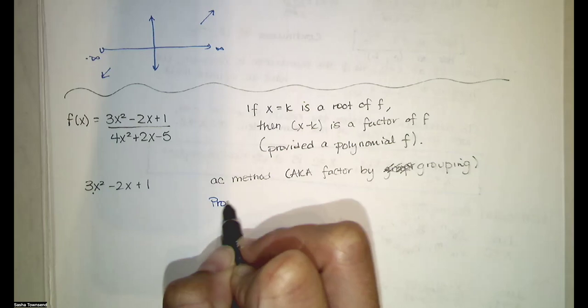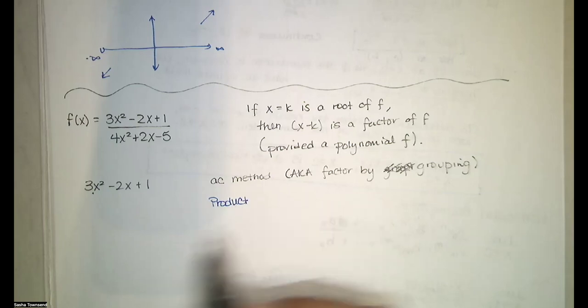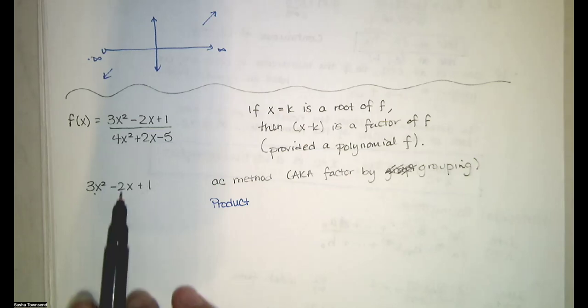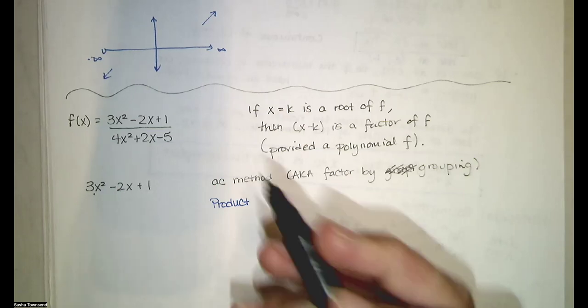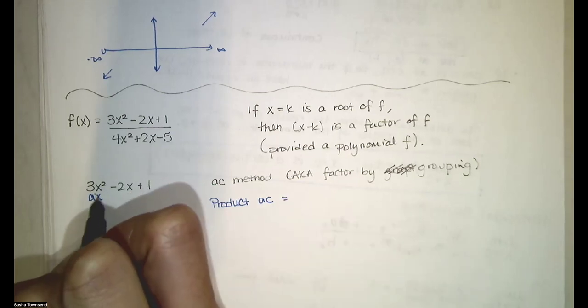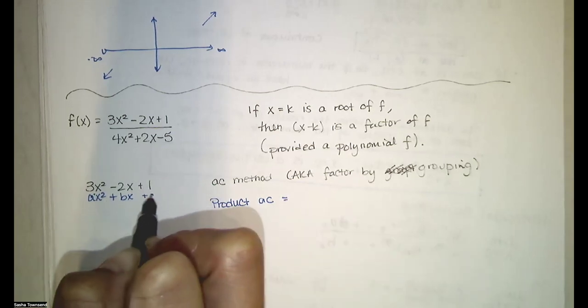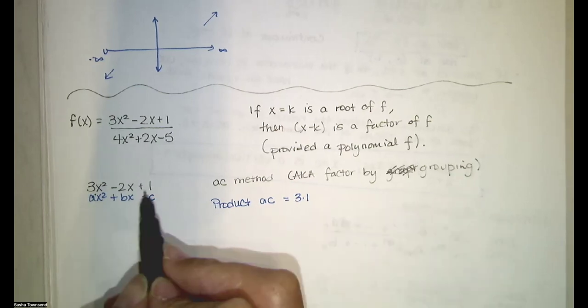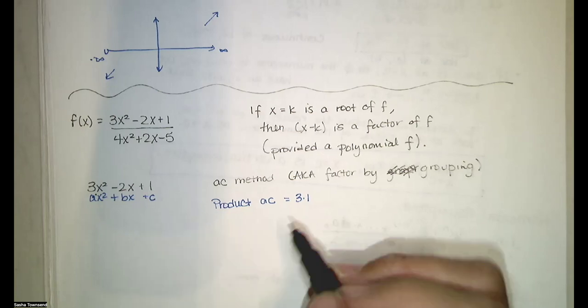So rather than looking for two numbers that give us a product of the last term and a sum of the middle term, we're looking for a product of a times c. In this case, if this is ax squared plus bx plus c, a times c is 3 times 1. A is 3, b is -2, and c is 1.